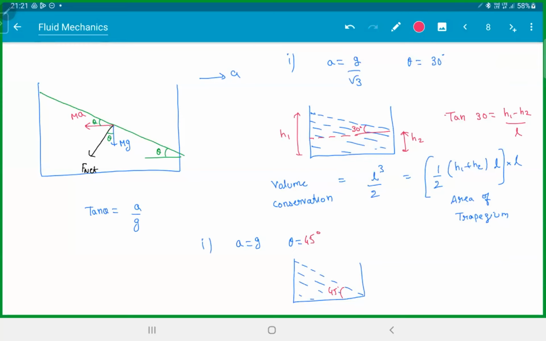What shape will it have, and how much liquid spills out? Now the liquid will start going out. Once you cross 45 degrees, liquid will come outside. So how much liquid will spill out and how does the shape look for g root 3? I hope the question was clear, everyone. Try.